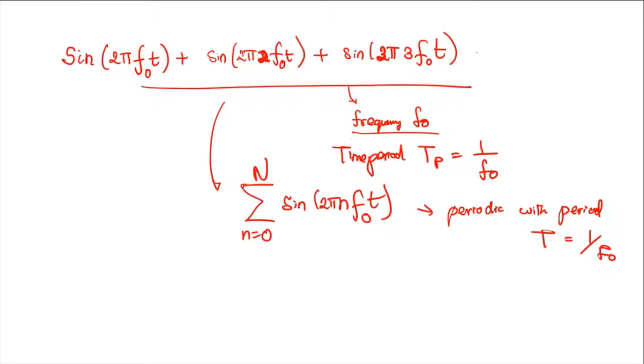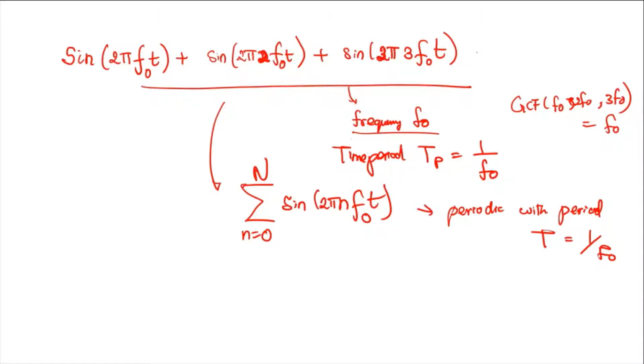Remember, this is in accordance with how I told you to figure out the time period earlier. So the GCF of f naught, 2 times f naught, 3 times f naught is nothing but f naught.